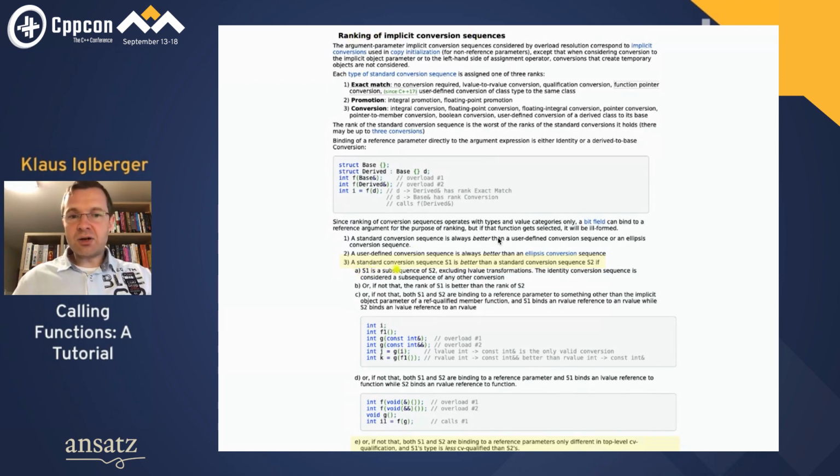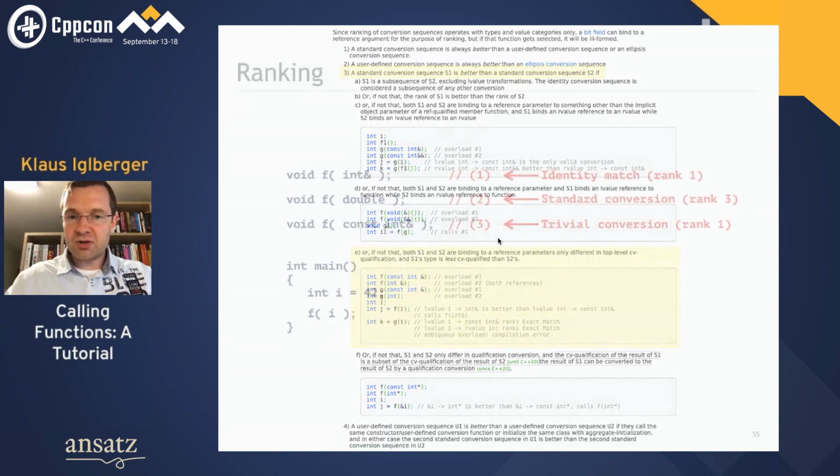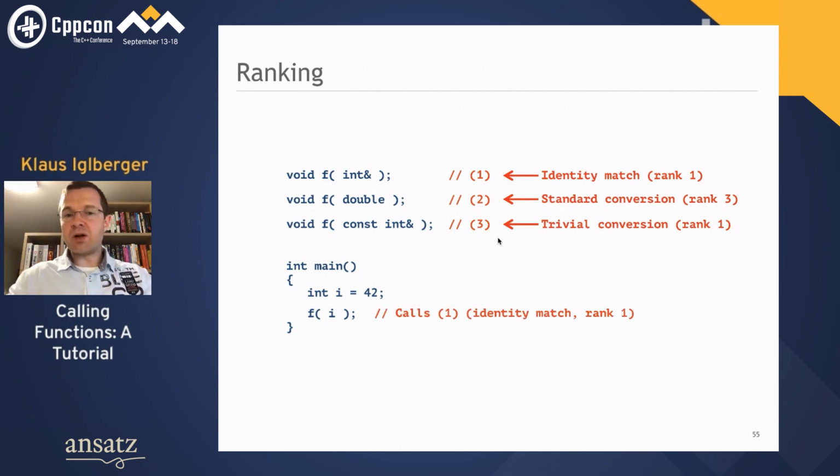And it says a standard conversion sequence S1 is better than a standard conversion sequence S2 if, now we have to scroll down a little more, if both S1 and S2 are binding to reference parameters, only different in top-level cv qualification, and S1's type is less cv qualified than S2's. So it also gives the example that I just have, function f that has a constant ref and an int ref. And if I just pass an int, which is not const qualified, the first function should win. So this is exactly what happens here too. This will call function 1 thanks to this special rule that breaks the tie between these two rank 1 functions.